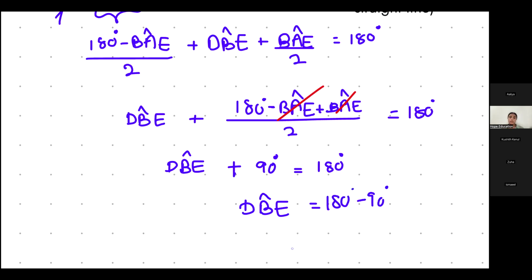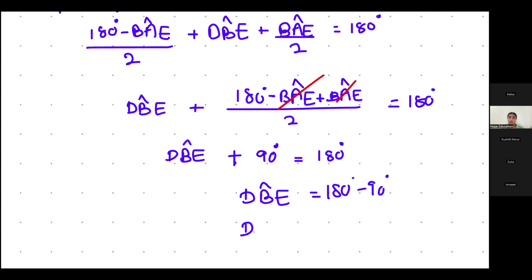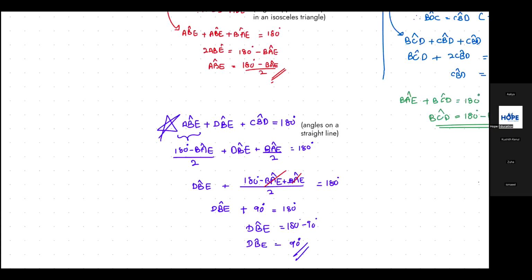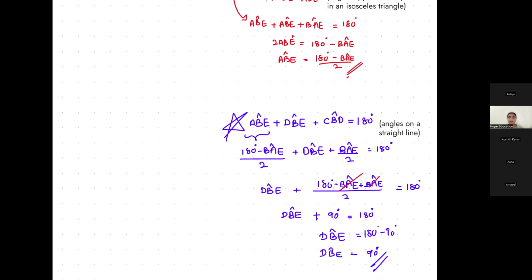Then DBE equals 180 minus 90, which is 90. That is how we prove that this is in fact a right angle. Did you understand? Others, is it clear? Alia, Basma, Ismail, Kushit, Javindu.